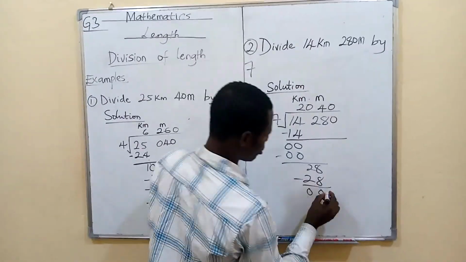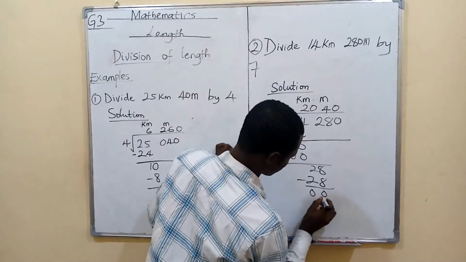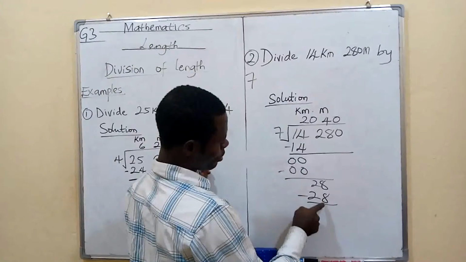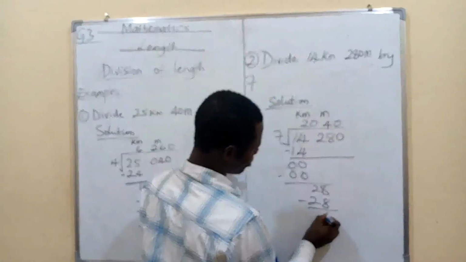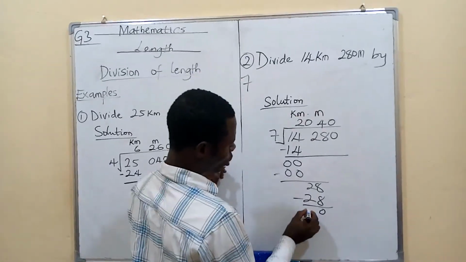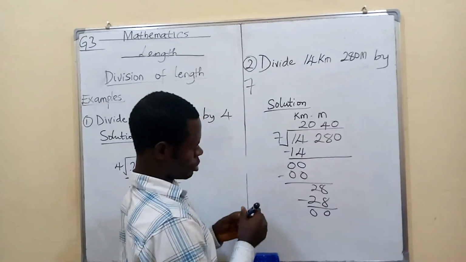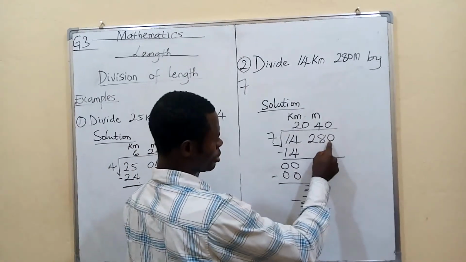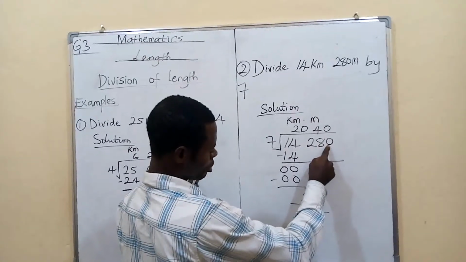We bring down this 0. Now 8 take away 8 is 0, and 2 take away 2 is what? 0. So what we have here is 0. Alright?